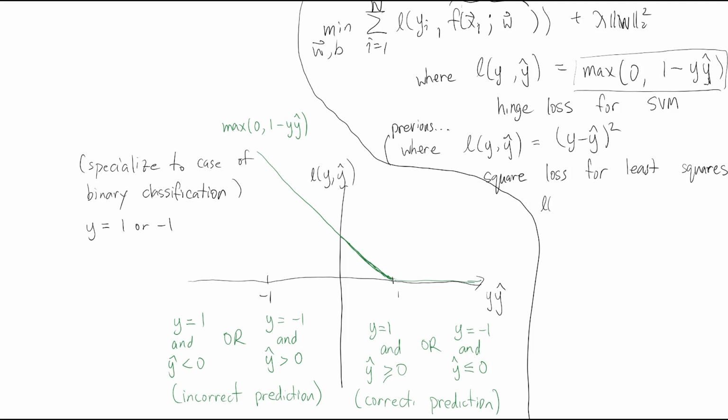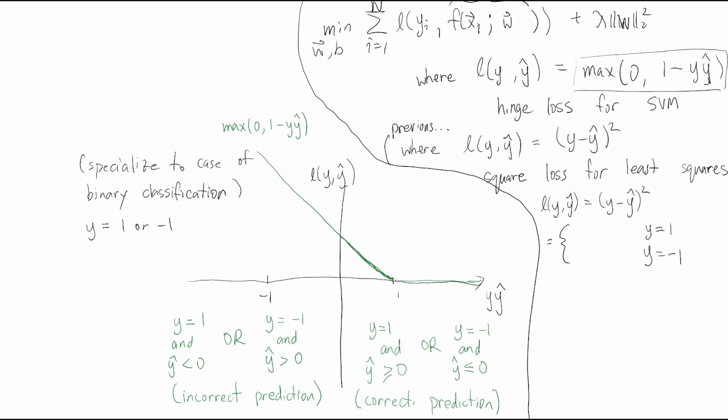We know for square loss, L of y hat equals (y minus y hat) squared. Actually, I'm going to do something a little dumb, and write it in two cases. This is because we are specializing to the case where y can only be plus or -1.